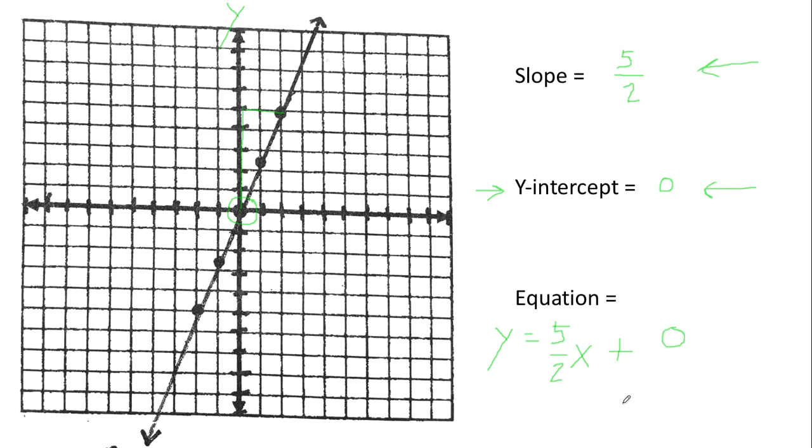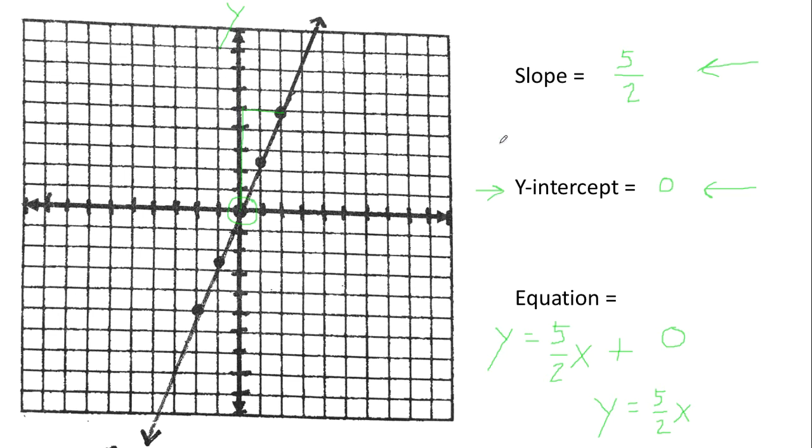Well, for this one, you don't have to write the 0. So the equation, because 0 is nothing. So the end equation, that would be the final answer, would be y equals 5 over 2x, okay, for this equation.